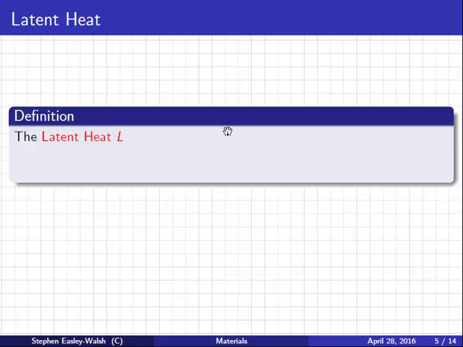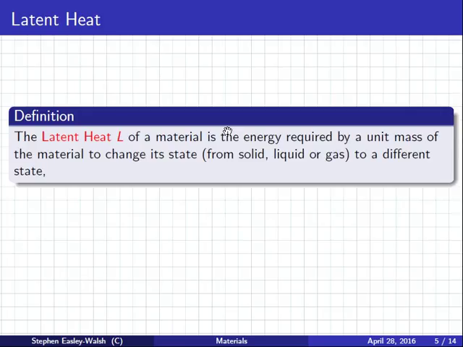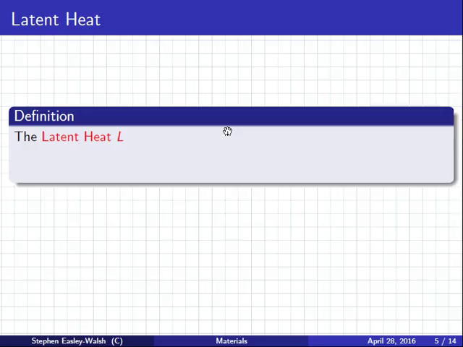The latent heat L. Now, this is a definition which most students get wrong in the exam because they forget to say something. The latent heat of a material is the energy you need to change the state of the material, and this is what everybody forgets to say, but not change the temperature.